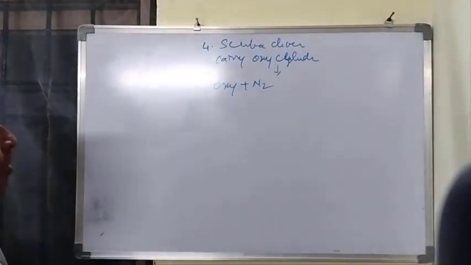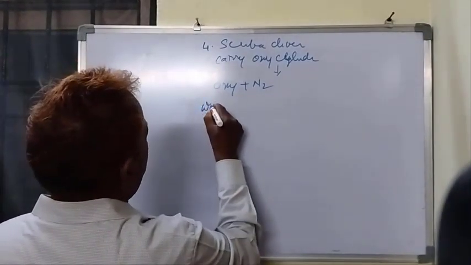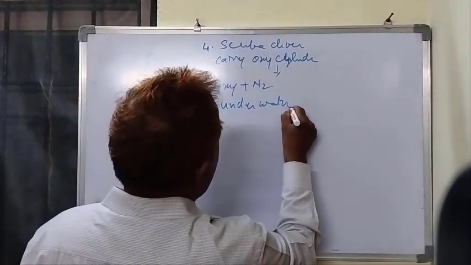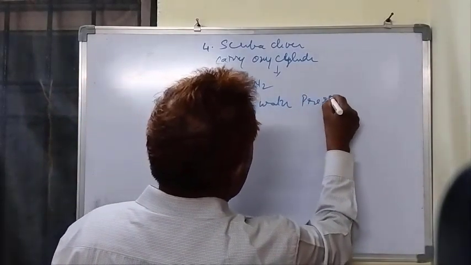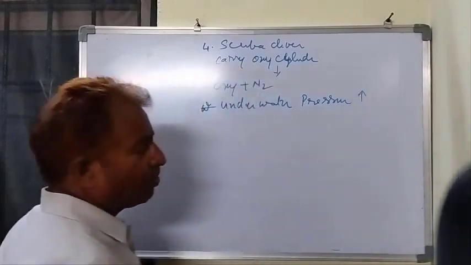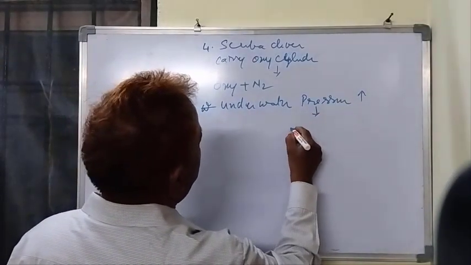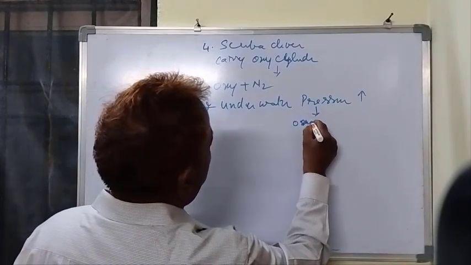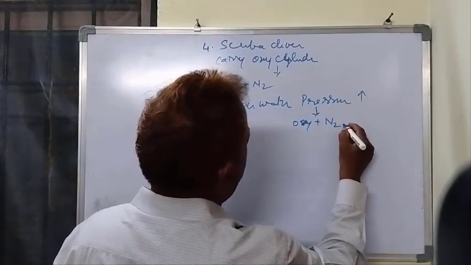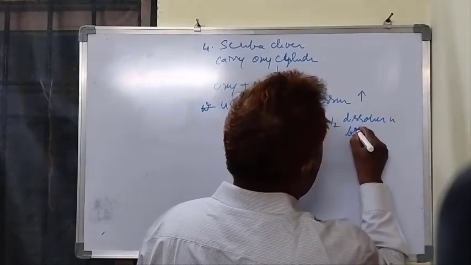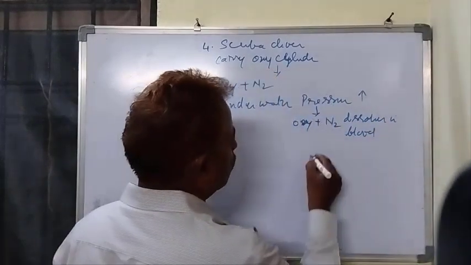When we go underwater, pressure is very high. So under high pressure, what happens? Oxygen with nitrogen dissolves in blood to a large extent.